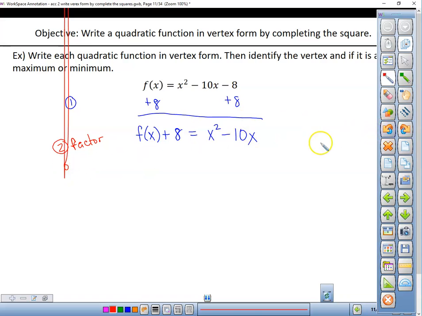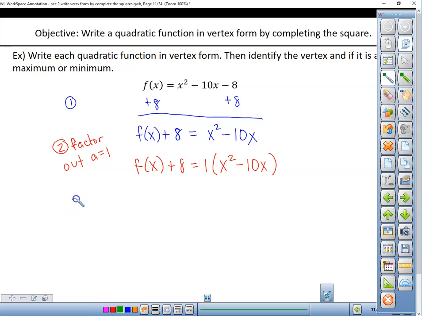I'm going to show you that because that way you don't have to worry about, okay, when was I not supposed to do this or didn't have to do this? You could just always do this until it becomes easier. So our a value of 1, we can factor it out, but factoring out 1 doesn't change anything. So this is still x squared minus 10x, and this is still f of x plus 8.